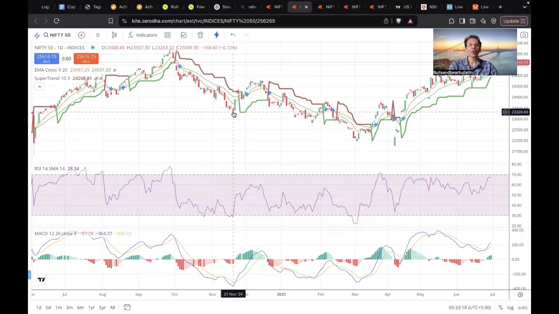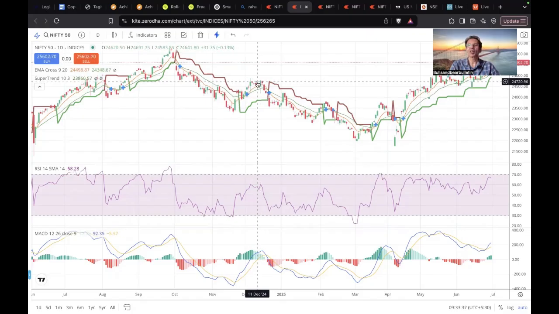Initially, it took support around 23,300 level, and you can see the bounce back from this green candle, which gave us the impression that the market correction was over and it may be resuming its bull run once again. However, we were wrong when it took resistance around 24,800 level and started declining once again.